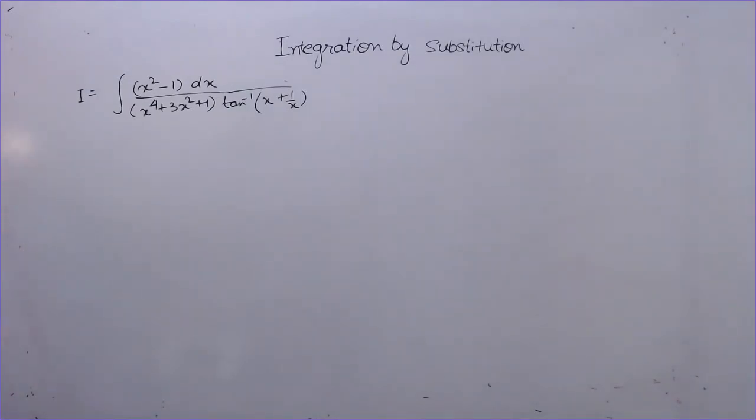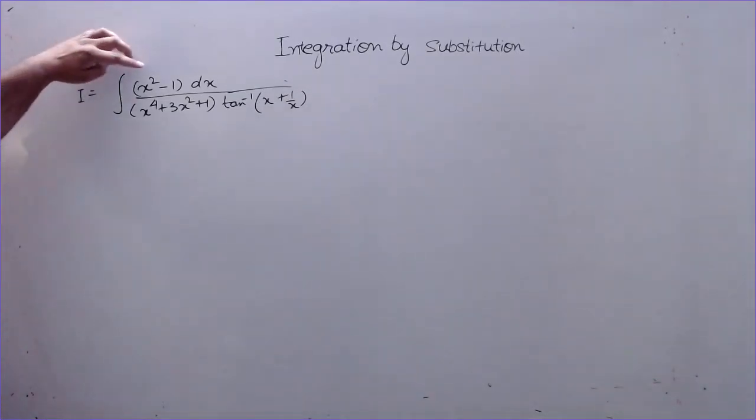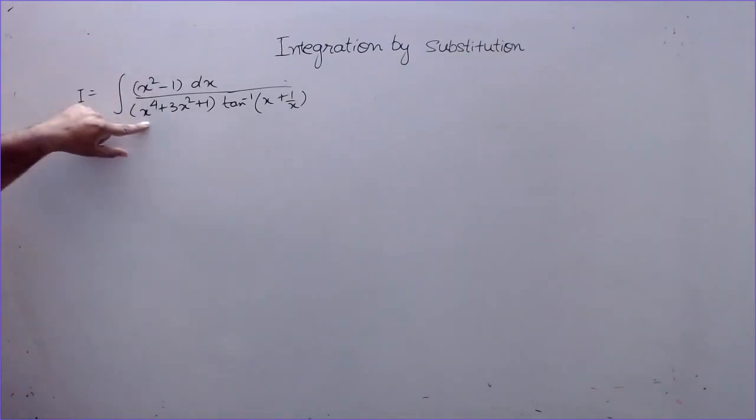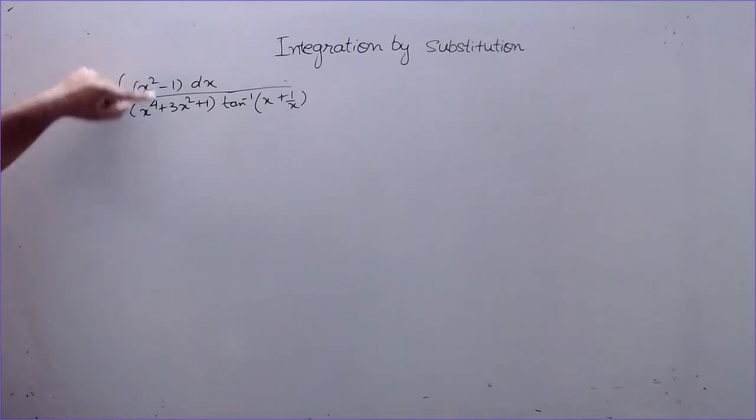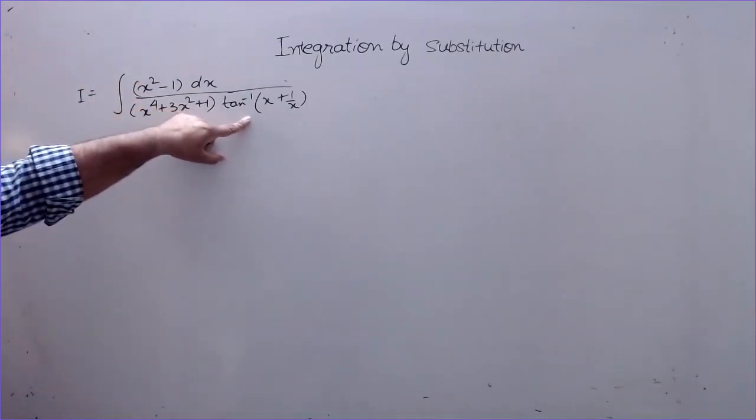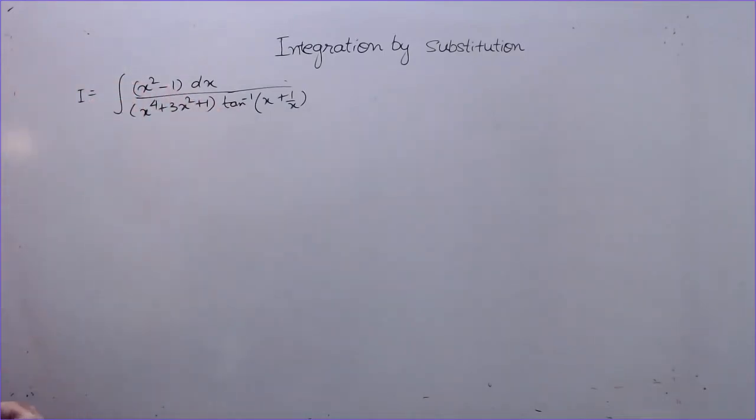So I told you previously also that in such type of cases the algebraic expressions, that is the polynomial expressions in numerator and denominator, must be divided by what? So here we have x square, here we have x4 and x square, so it must be divided by x square, this and this both, and not this expression, because we cannot divide this.